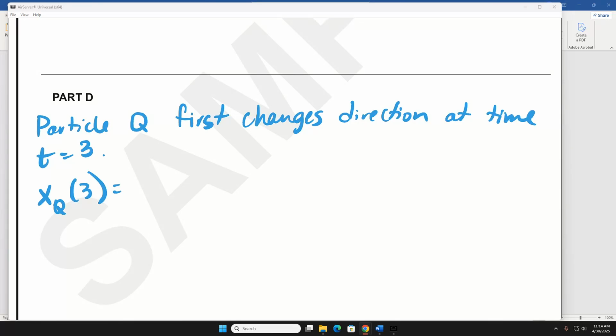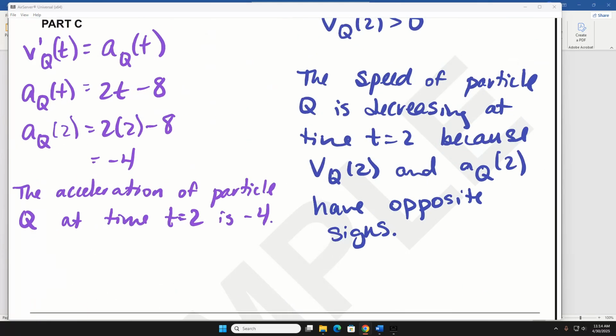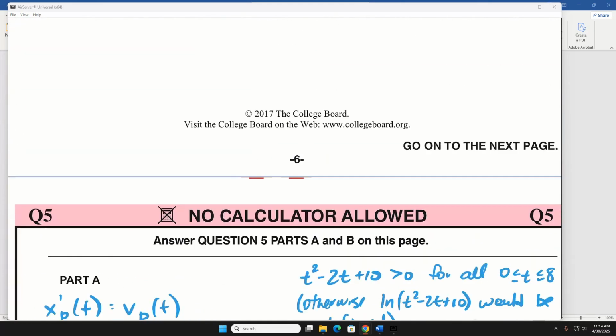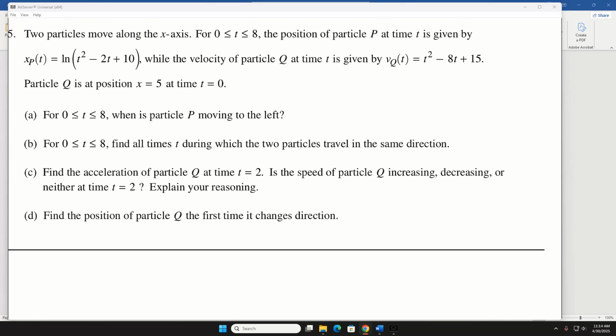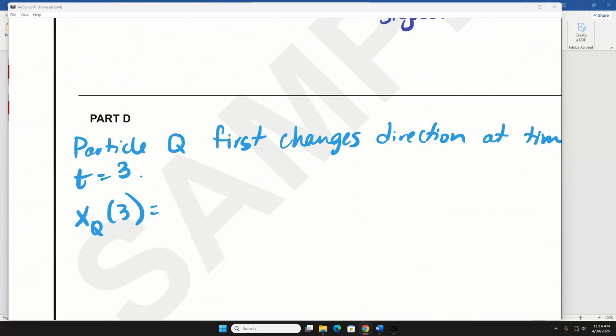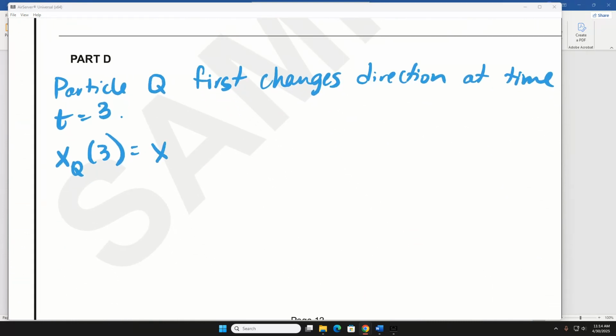I'm not telling you you will use everything that they give you, but when they tell you something like this, position, yeah, you're probably going to need it. So I know the position at 0 is 5, and so I'm going to use that here. We've done this a lot lately. I know the position at time 0. I'm going to add an integral to this.